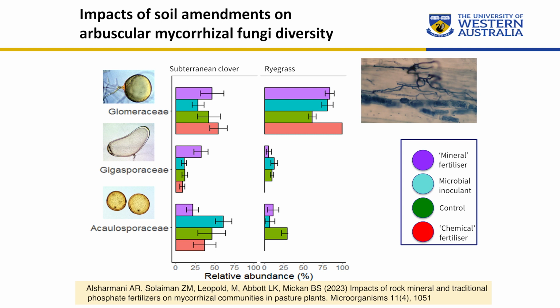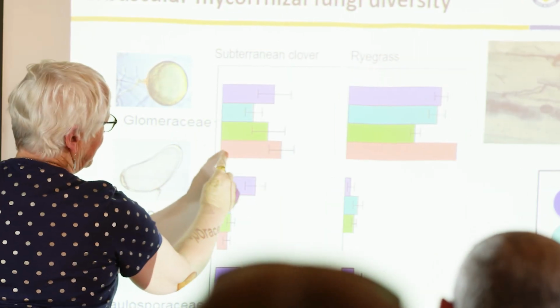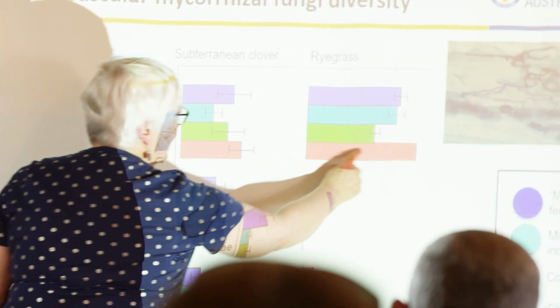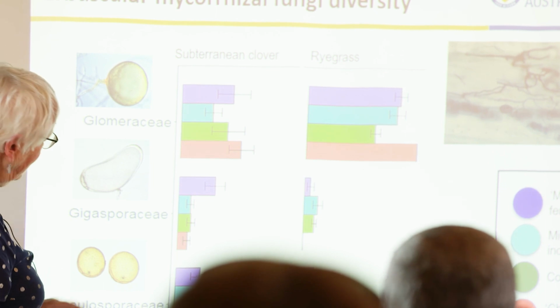And actually, with a chemical fertiliser, there was more as a percentage in the ryegrass than the clover. That's a whole other story, but this didn't decrease the fungus in that case. So the chemical fertiliser for this fungus, mycorrhizal fungus, the same fungus went into both.